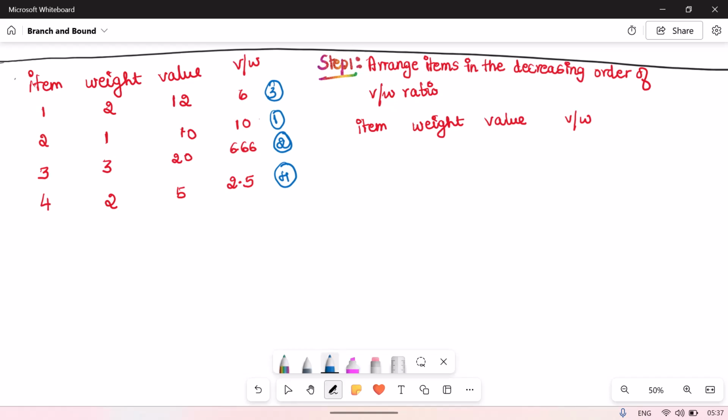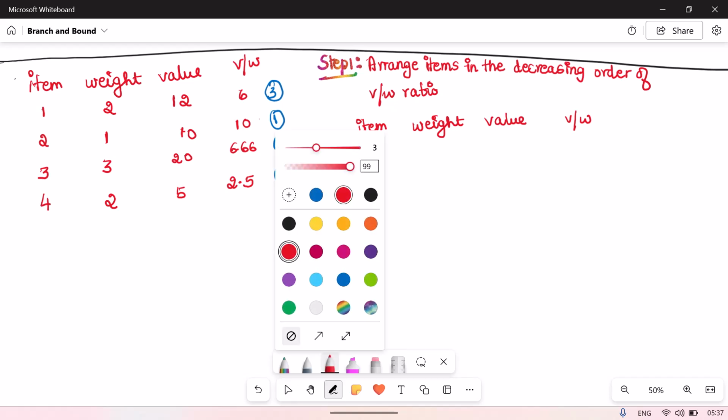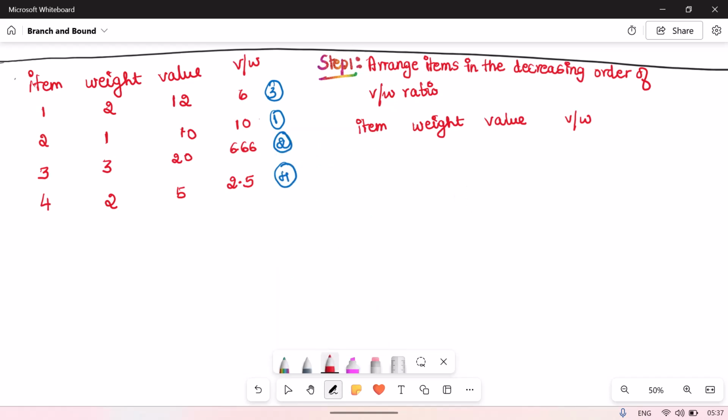Okay, so let us start. So item 3 will, sorry, item 2 will come first. So 2, 1, 10, and 10. This will come first, followed by third item. So 3, 3, 20, 6.66.